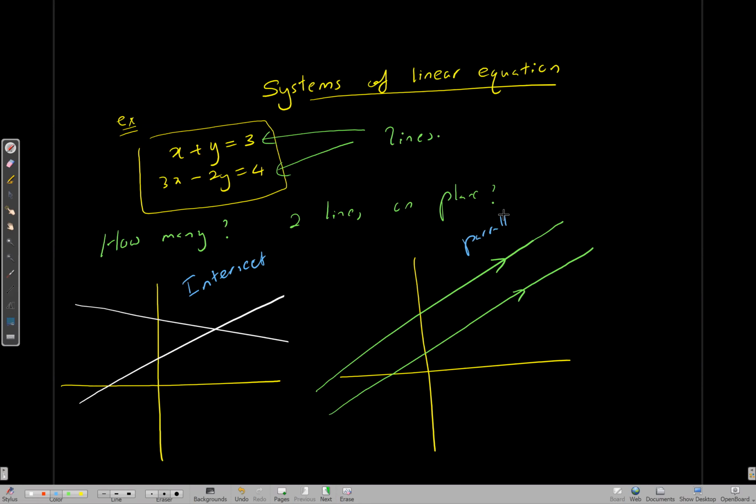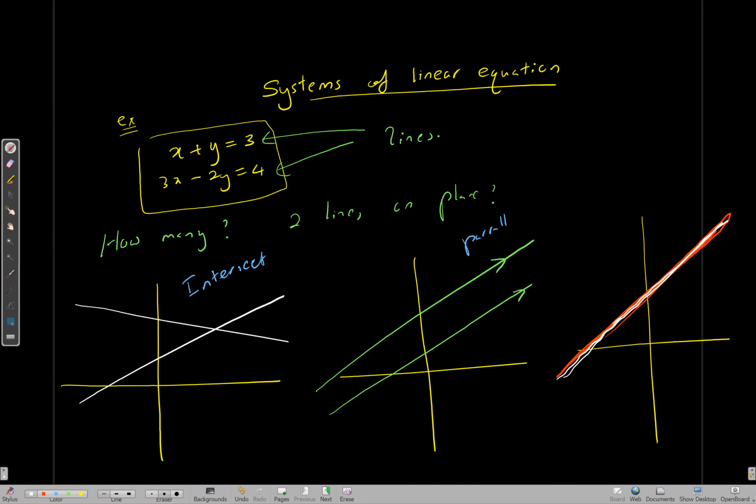And there is another case, a third case. Now let me try to draw it over here. That's the case. It may be the case you have this line and the second line is also that line. So two lines on top of each other.